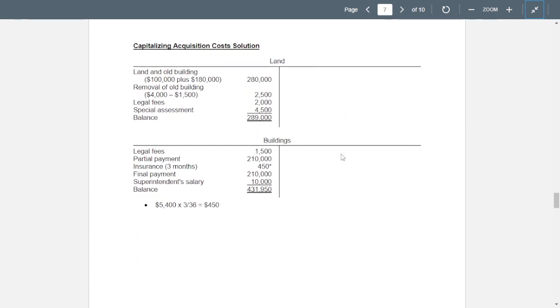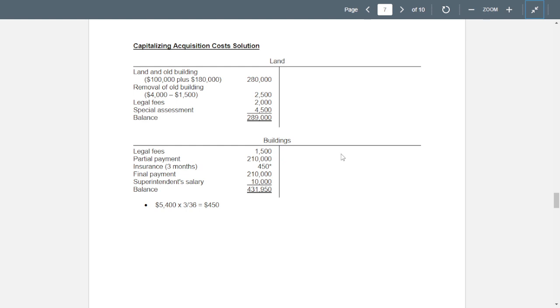Capitalizing acquisition costs, land and old building. So land and old building, removal of old building. Hey, look at that. Legal fees, special assessment is included. Yeah, the only reason I got that right is because I looked it up in the textbook. Like, what if I'm not able to remember specific details of what's included and what isn't included?